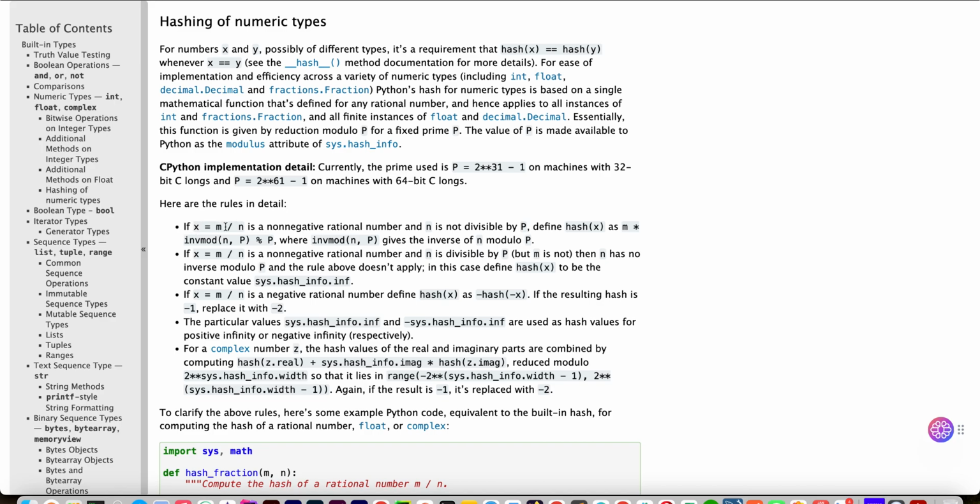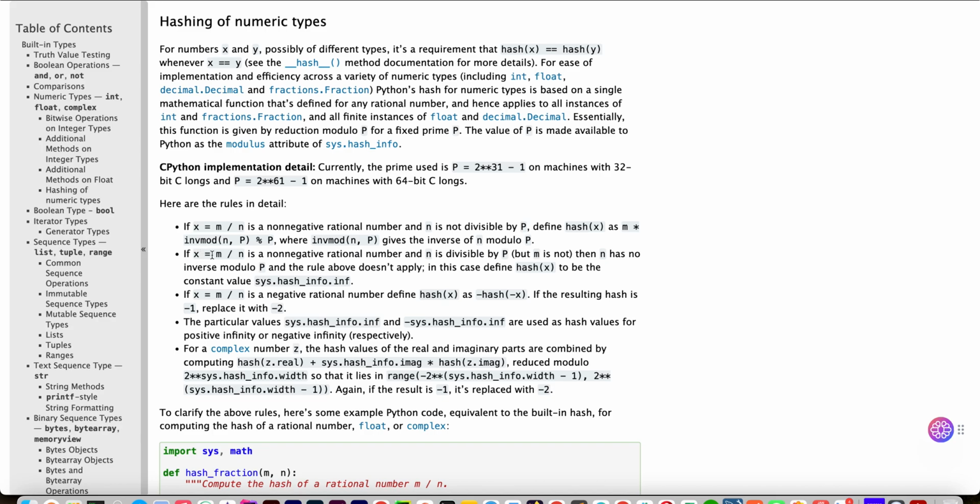If x is equal to m/n is a non-negative rational number and n is not divisible by P, define hash(x) as m times invmod(n, P) modulo P, where invmod(n, P) gives the inverse of n modulo P.